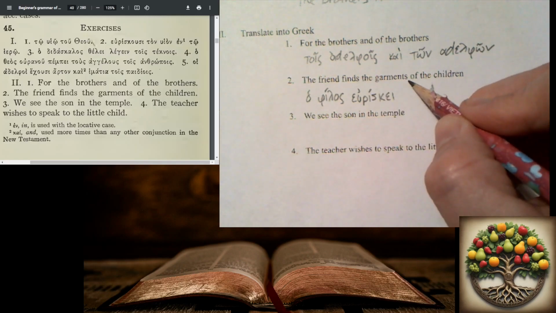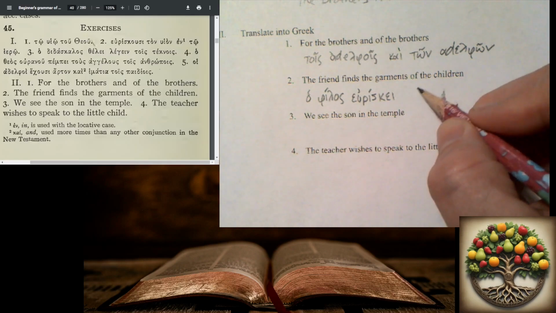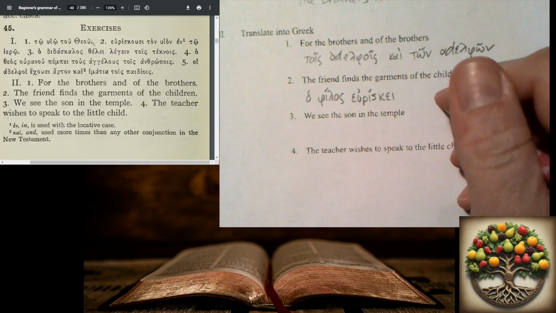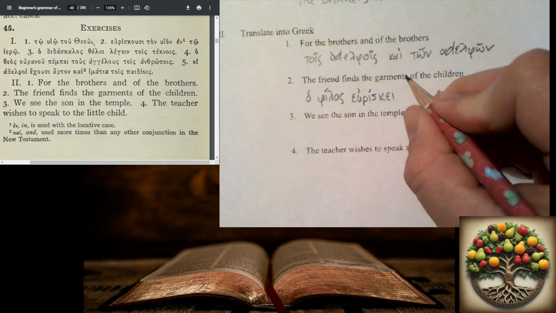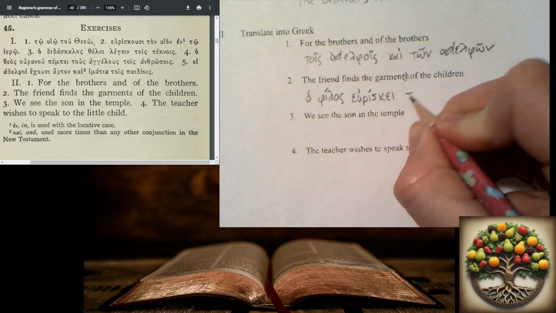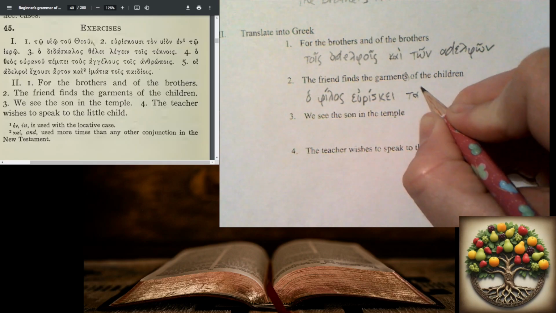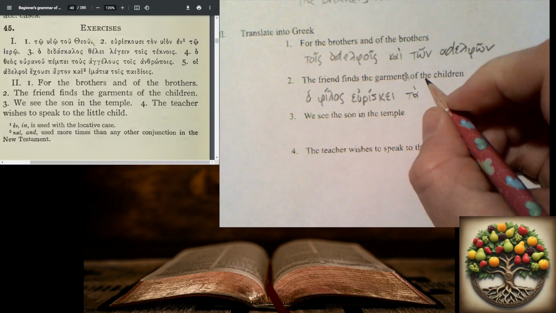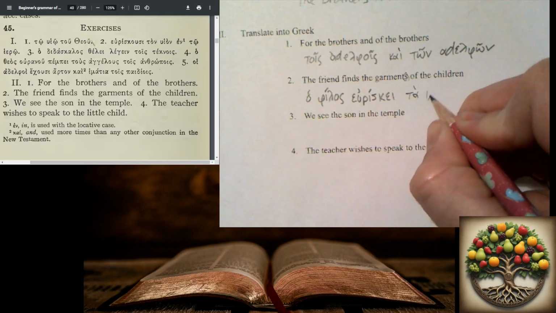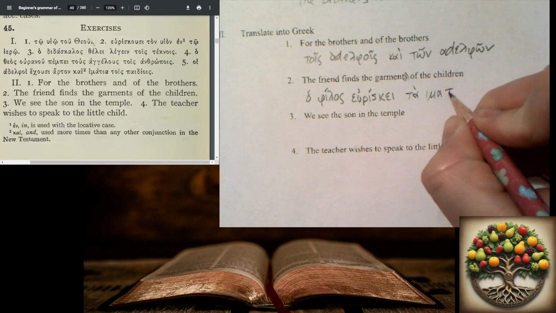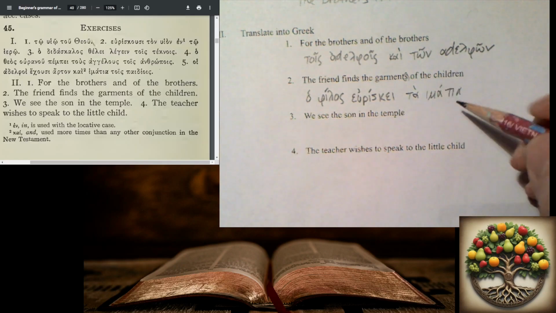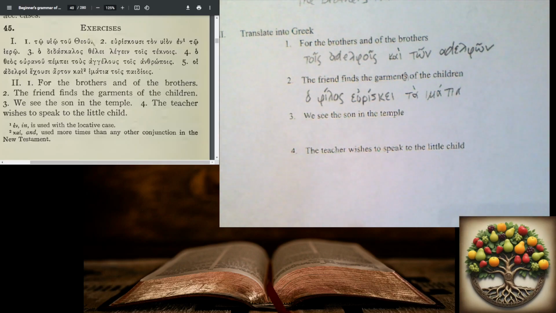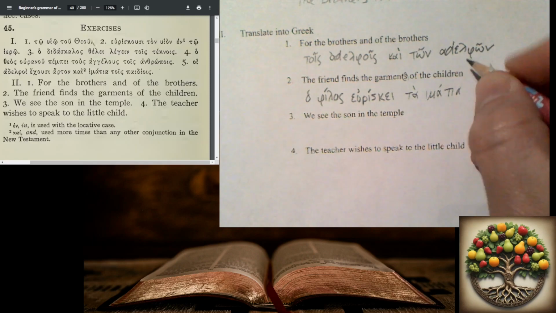The garments we need to put into the accusative case. It is the direct object of the sentence. And it is plural. So we're going to use ta himatia. Of the children is going to be genitive, and we're going to make it plural because children is plural.